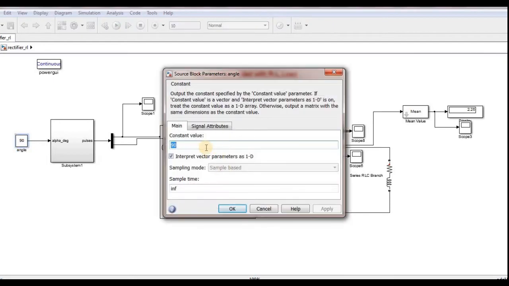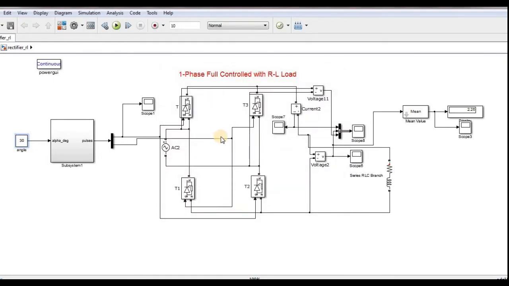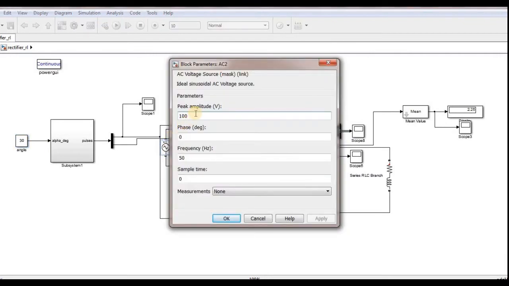Let's assume I am taking 30 degrees as my firing angle. The input voltage is 230 RMS, as in the Indian scenario we take 230 RMS. The peak amplitude is required, so 230 into 1.414. This is my peak, and 50 Hz.